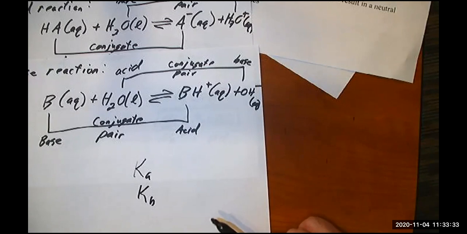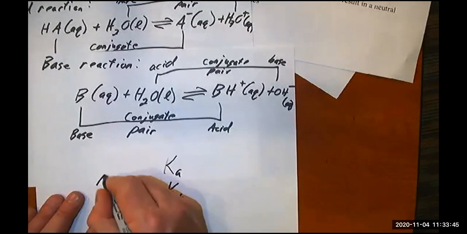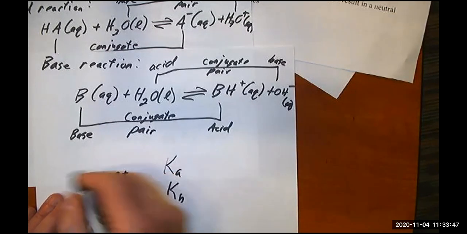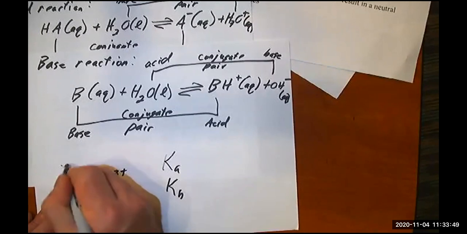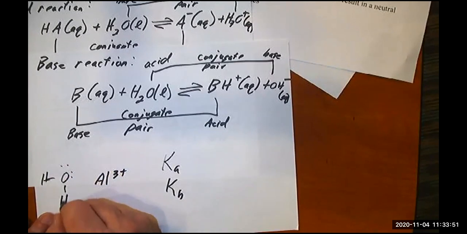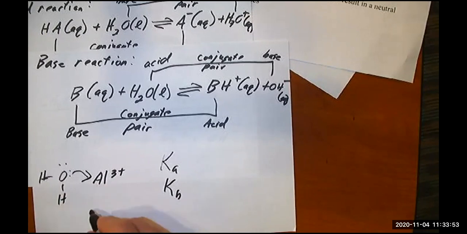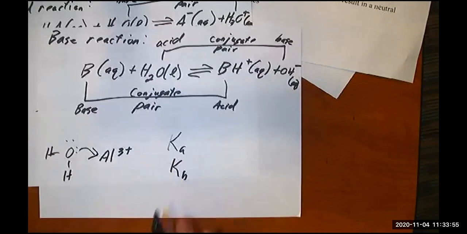I have never seen Ka and Kb used for a Lewis acid-base reaction that was not also a Bronsted-Lowry acid-base reaction. Cases like the aluminum 3+ we just talked about, where we have the water molecules coming in, forming a covalent bond, I described that as a Lewis acid-base reaction, which it is.